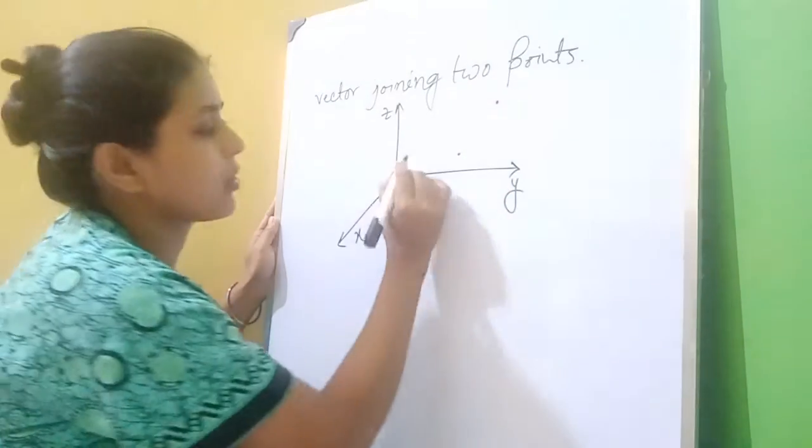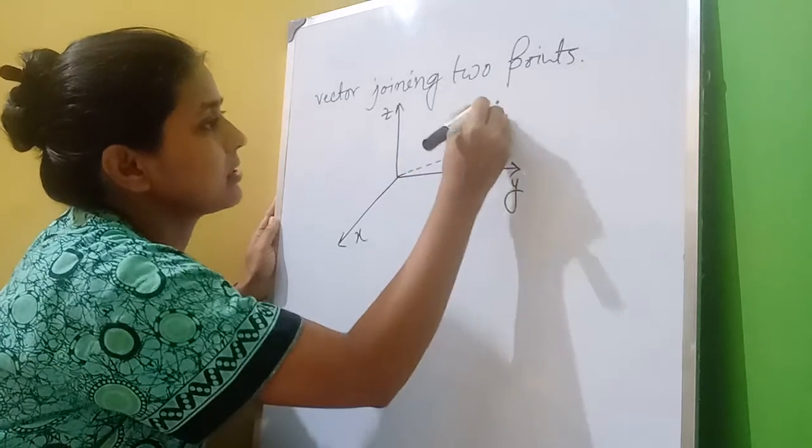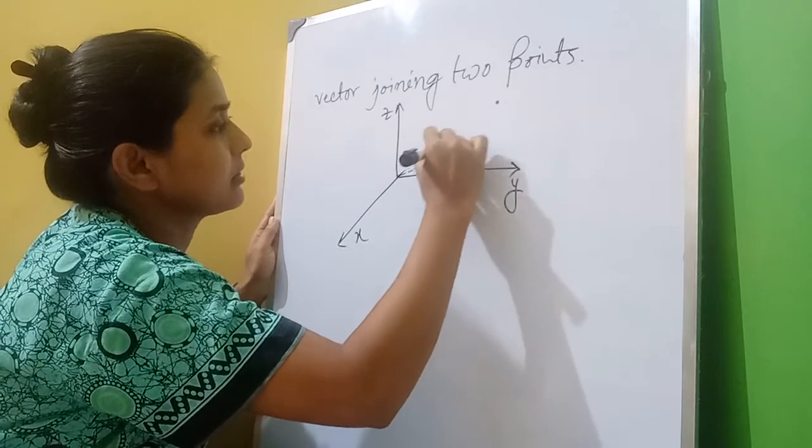We will draw their position vectors like this with a dotted line.